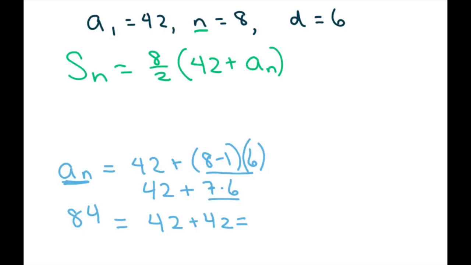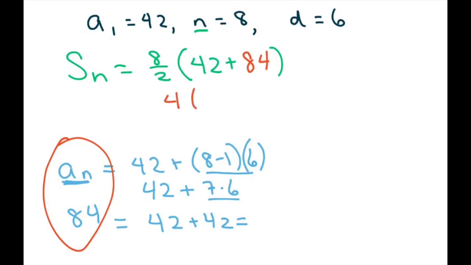So 84 is a sub n. So now I'm just going to go ahead and erase this and put 84 in. Now, this is going to be 4 times 126. So 4 times 126 equals 504.